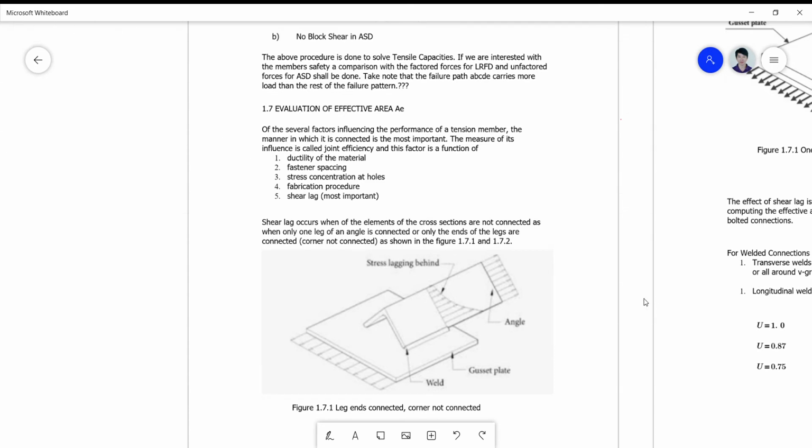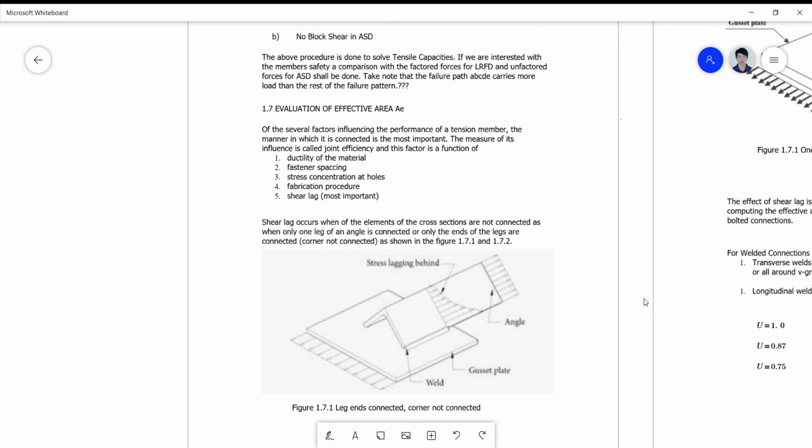Okay, let's now start understanding more what effective area is. The previous video highlighted more on the concept of how the critical path or the failure path is determined on the basis of staggered connections.